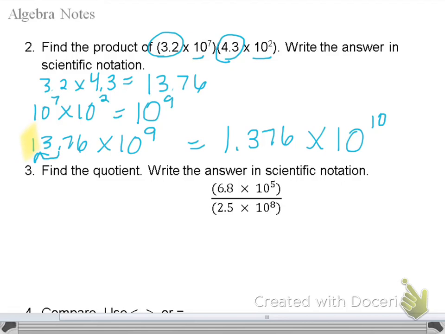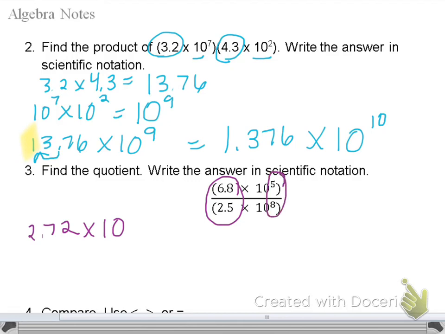Okay, moving on to division as well. We can do the same thing, so we're going to divide 6.8 divided by 2.5, and that equals 2.72. And then we're going to divide the tens. Remember, the opposite of multiplying numbers with the same base: you add when you're multiplying, so you subtract when you're dividing.